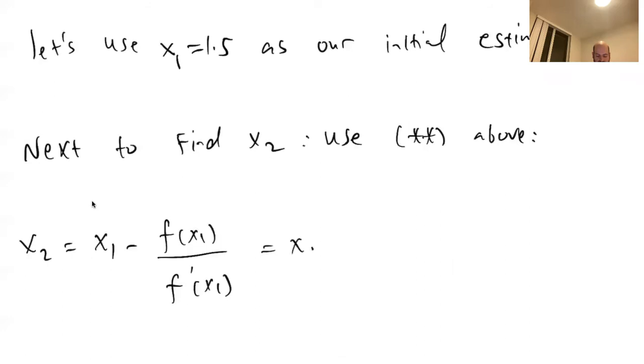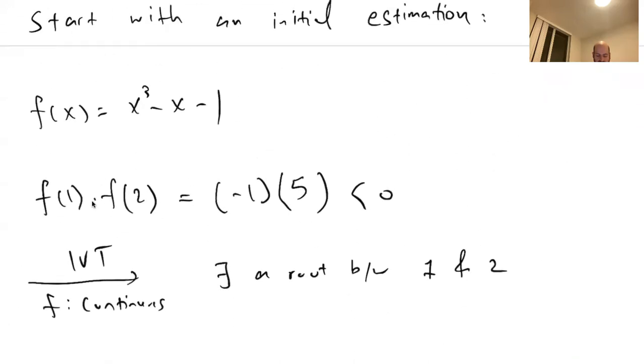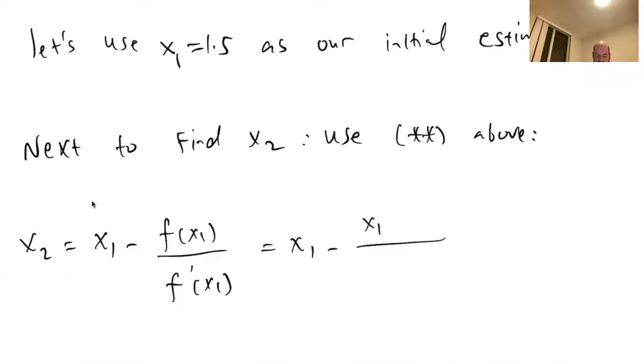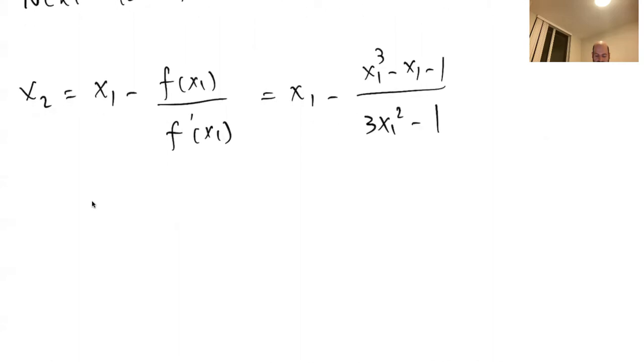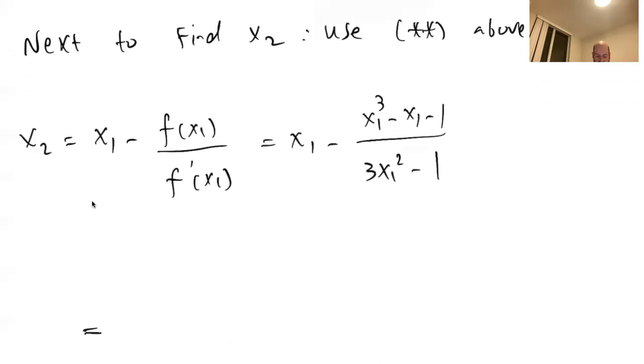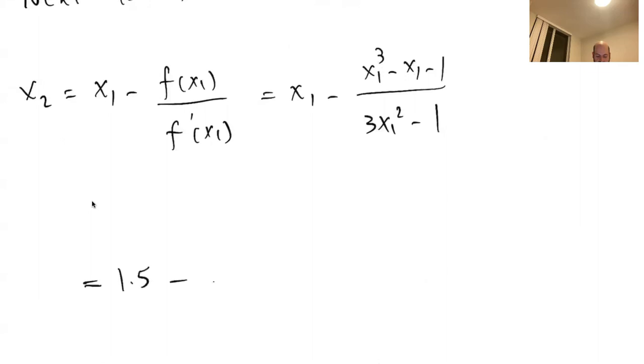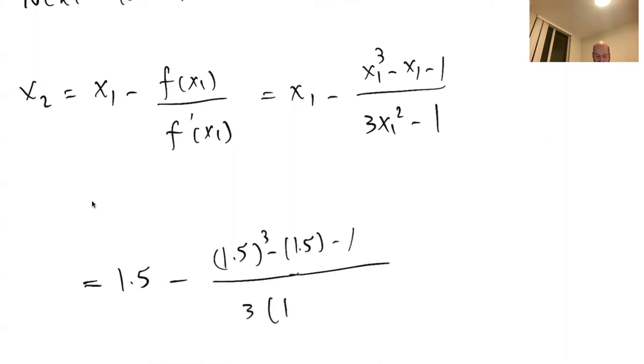So that's going to be x1 minus f of x1. f of x is x cubed minus x minus 1, so x1 cubed minus x1 minus 1, over f prime of x1, 3 x1 squared minus 1. And then this is going to be 1.5 minus 1.5 cubed minus 1.5 minus 1 divided by 3 times 1.5 squared minus 1.